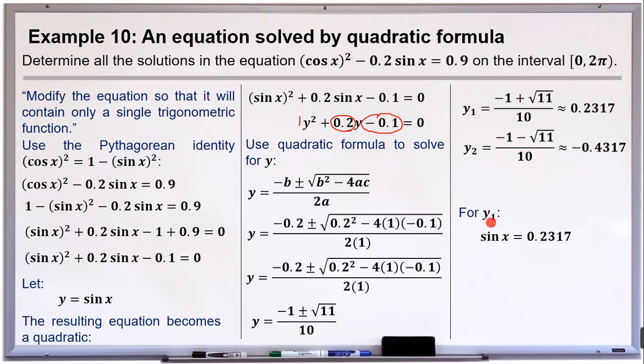We will substitute this back to our first assignment for y. So we let y is equal to sine x in the first place, so we will substitute the value of y back. So sine x is equal to 0.2317. Take the arc sine. So we have x is roughly equal to 0.233 radians. So this is in radians. Be careful.